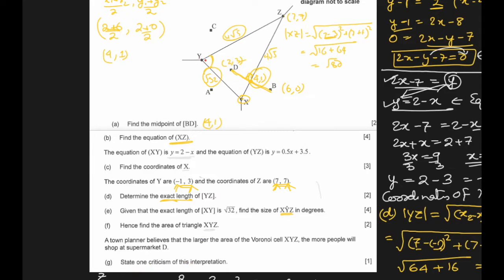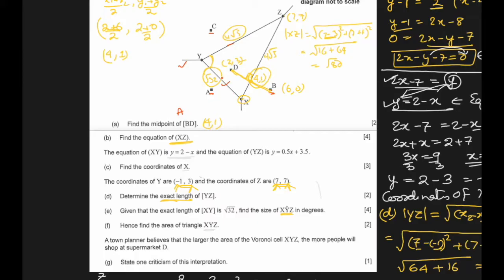So this area XYZ cannot increase as long as these three, A, B, C, are still there, because if we want a greater area for this, at least one of them, suppose A, moves to this place, then this line and this line will change, and because of that the area will increase.